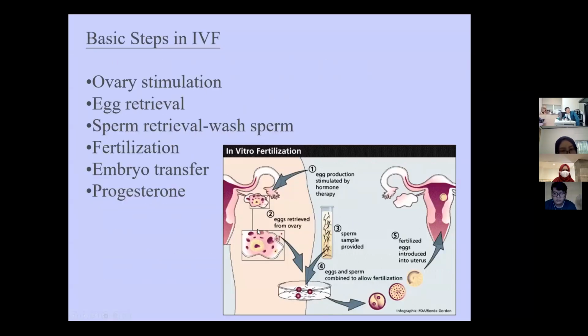The basic step is ovarian stimulation by medication, by injecting some drug. Then we use sonography for egg retrieval, and the matured egg we can retrieve. Then we get a sperm and wash the sperm from the husband.